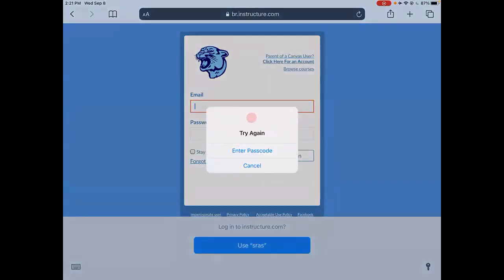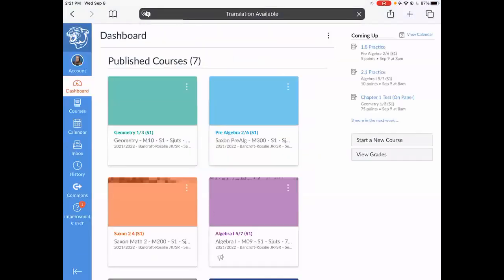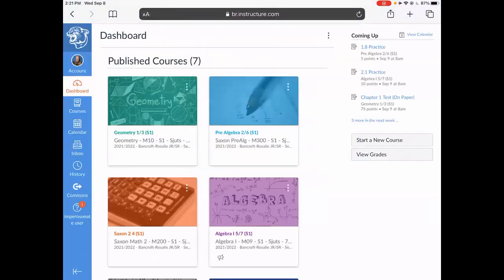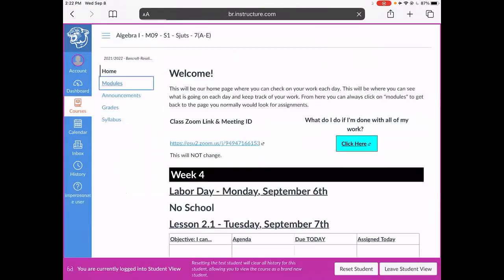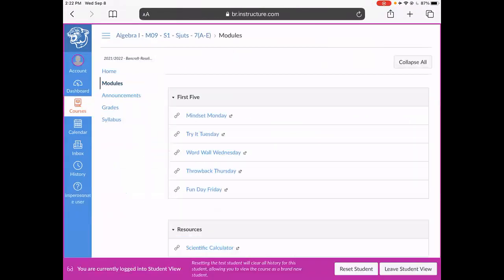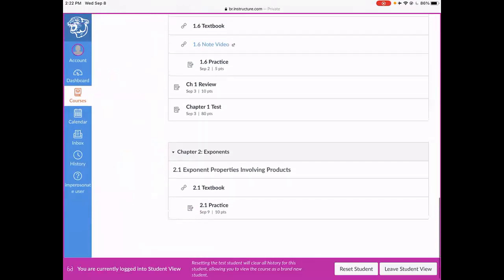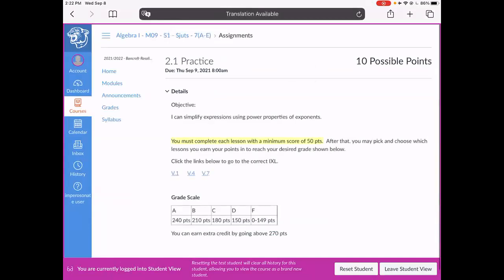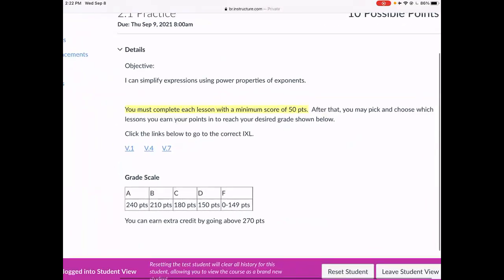All right. So what we're gonna do now? This is algebra, student view. We talked about this a little bit yesterday in the chapter 2 module. 2.1 practice. It is 3 IXLs.